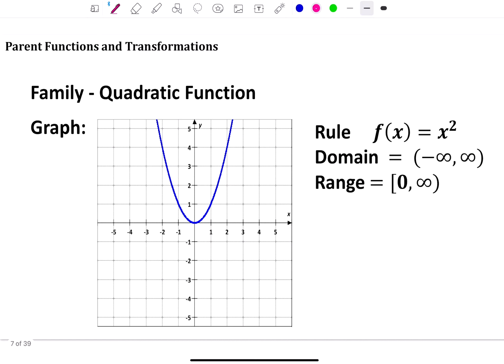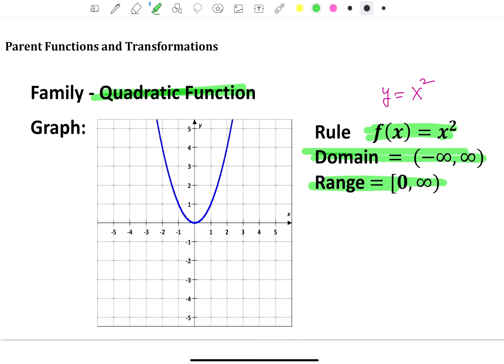Next parent function we are going to look at is the quadratic function. Simplest form is f of x equals x squared, or y equal to x squared. Domain is all real numbers, and range is 0 to infinity.